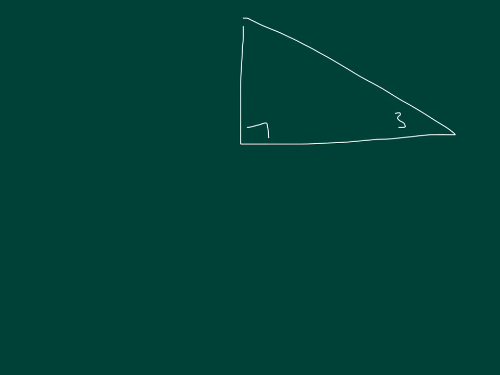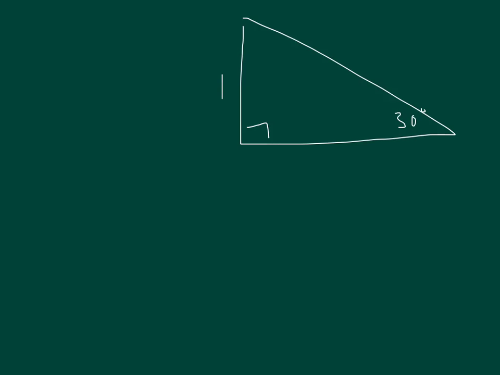Example number 2, this time I'm going to change the game on us a little bit, and I'm going to tell you that this angle is 30 degrees. And I'm also going to tell you that the opposite side is, how about 1?